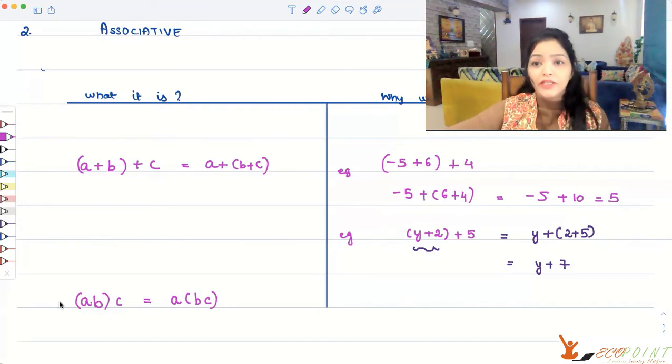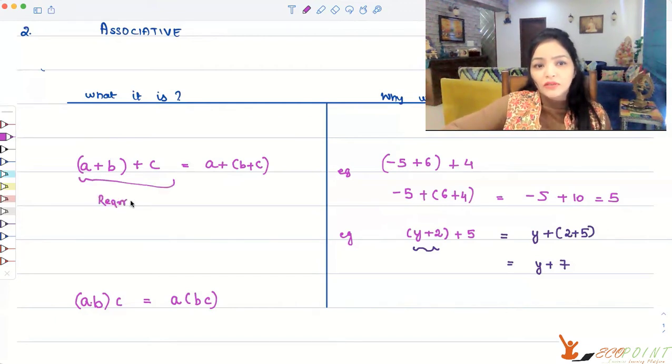And similarly, what we have done here, we have rearranged groupings. We can group in a different way and our answer will be the same. We can rearrange groupings, and here we can rearrange factors.